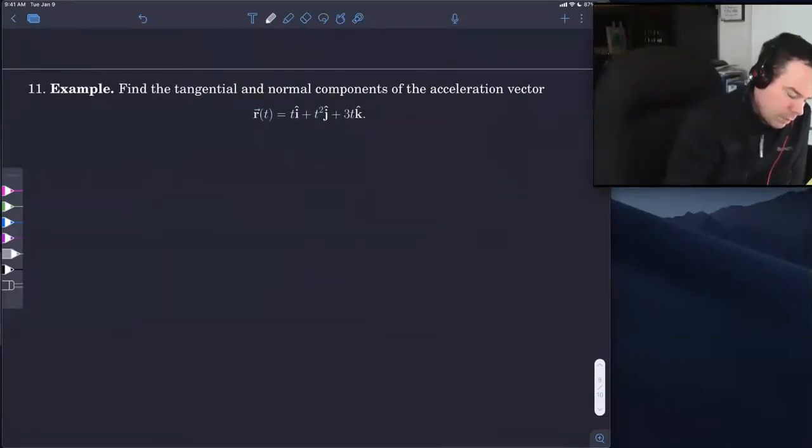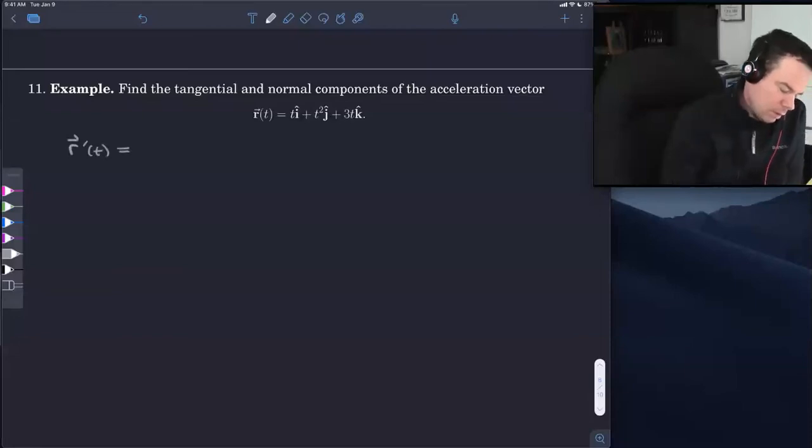So here we've got a space curve. We're imagining this is a position function for a particle traveling in space, and we'd like to find the tangential and normal components of the acceleration vector. So we're going to need a few things. Let's collect our ingredients together. We're going to need to know the derivative, r prime. So that's 1, 2t, 3.